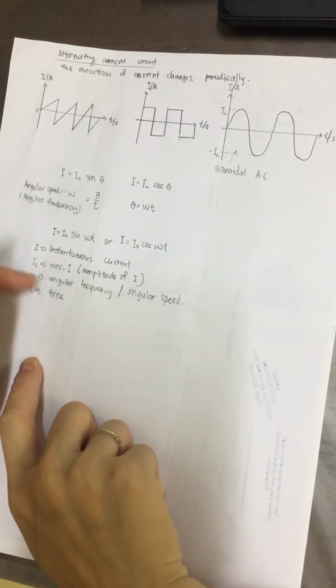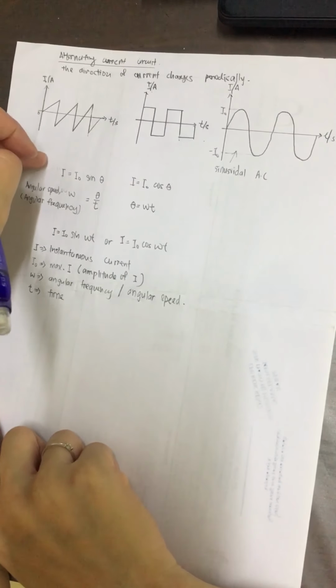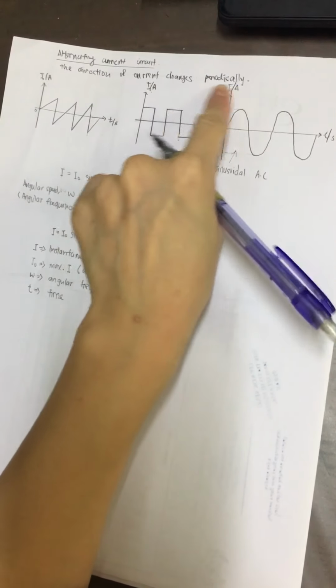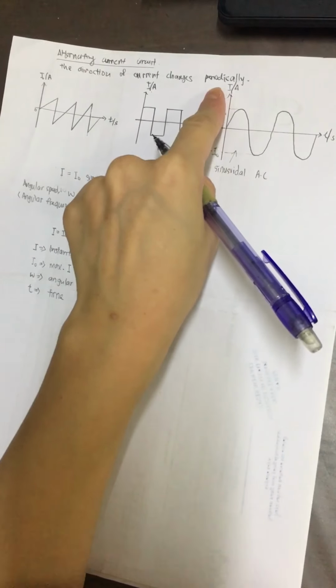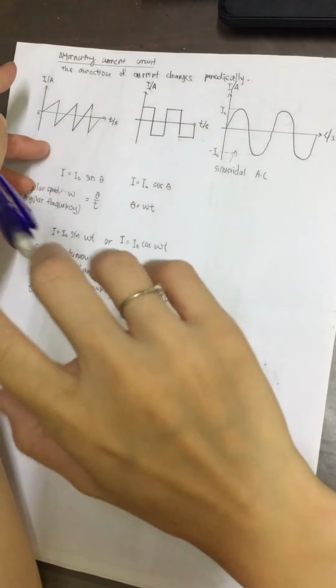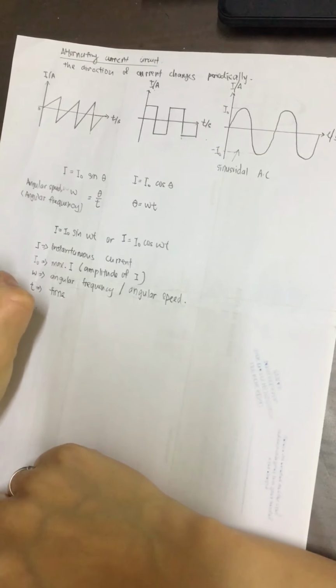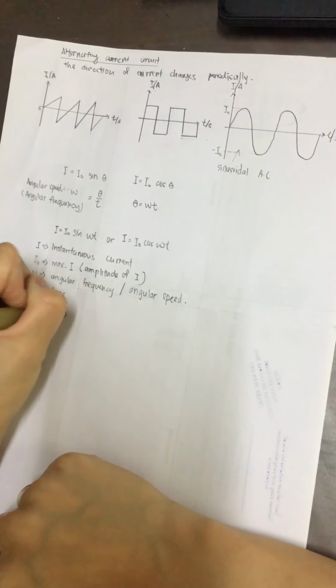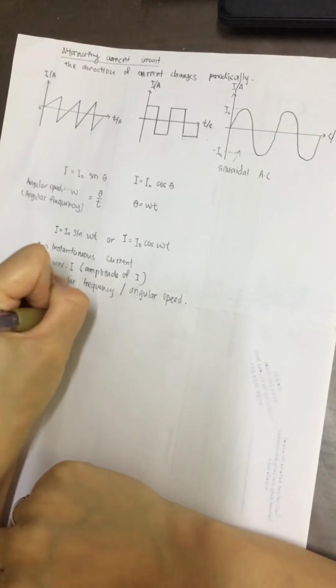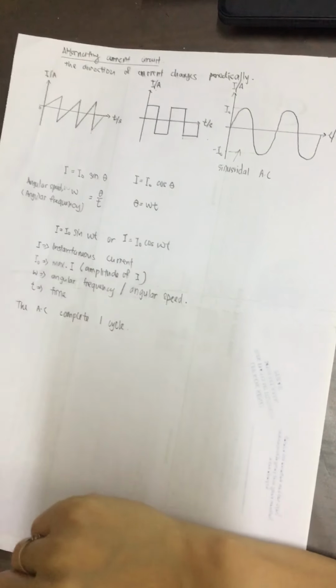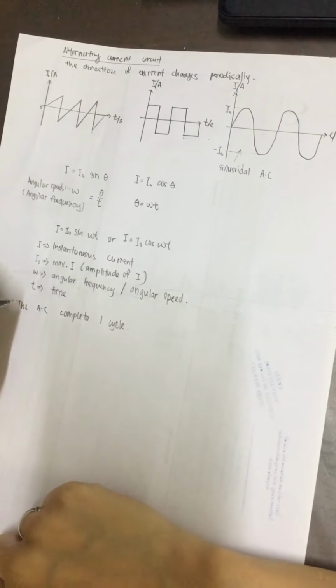Now for an AC circuit, because it changes periodically, it will complete a cycle in a certain time interval.